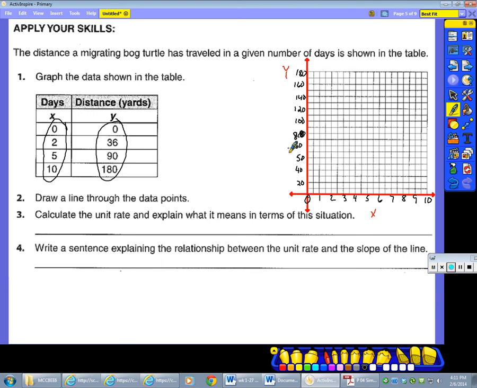Oh, messed up there. Looks like I didn't keep a consistent scale there.